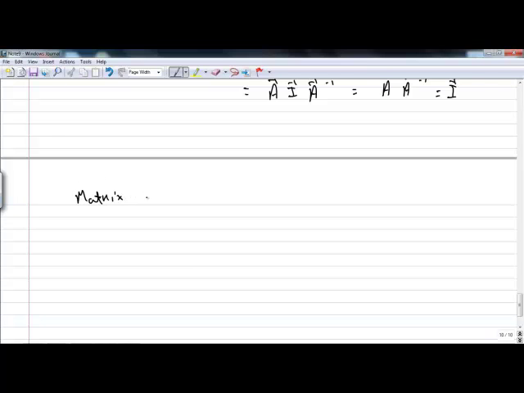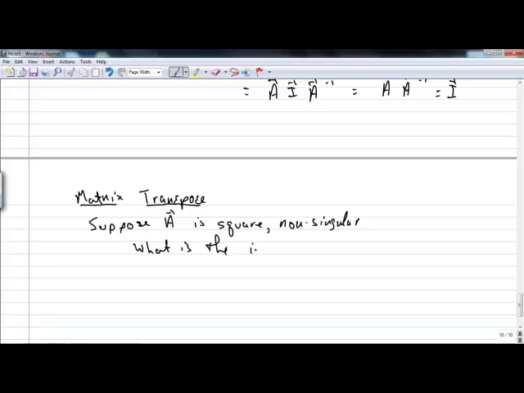What about if we took the transpose of A? So suppose A is square, non-singular, or invertible. And we can say, what is the inverse of A transpose?